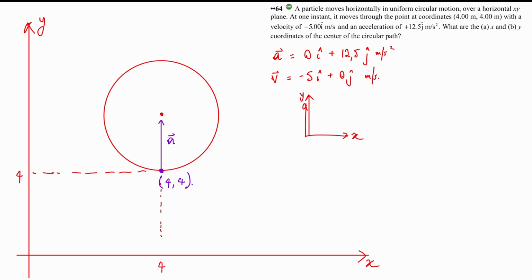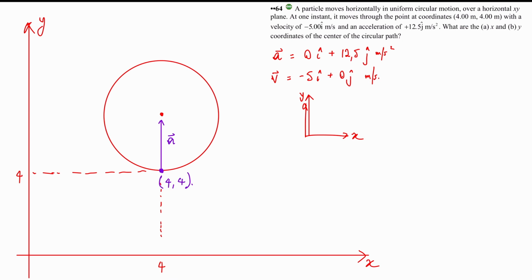So now, the question is, what is the x-coordinate of the center of the circular path? Here's our circular path. What is its x-coordinate? What is the x-coordinate of anything on this line? Well, the x-coordinate is going to be 4.